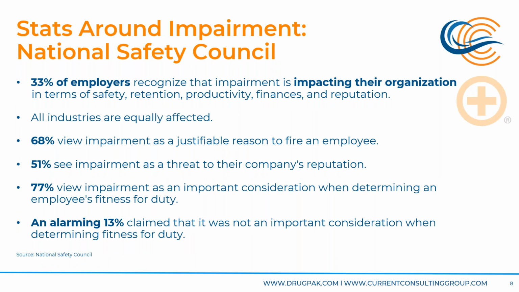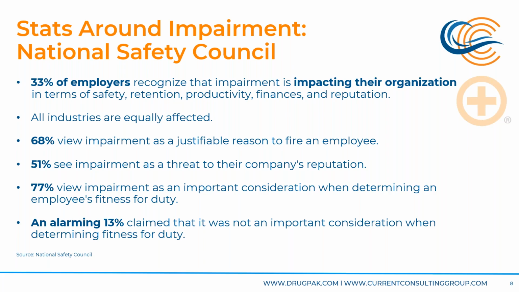Now, there was a survey done by the National Safety Council where they asked employers about various impairment issues. 33% said that they consider impairment or its impact on their workplace in terms of safety, retention, productivity, finances, and reputation as a critical issue. 68% said that they view impairment as a justifiable reason to fire someone. And 77% said impairment is an important consideration when determining someone's fitness for duty.